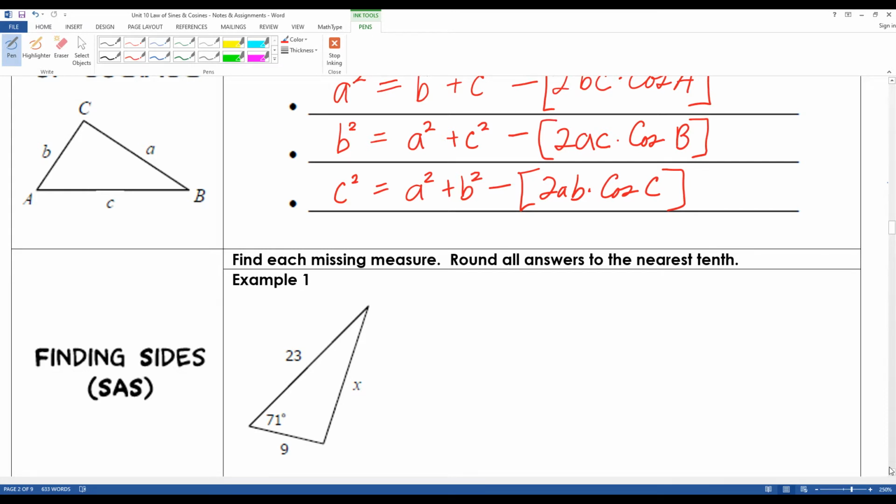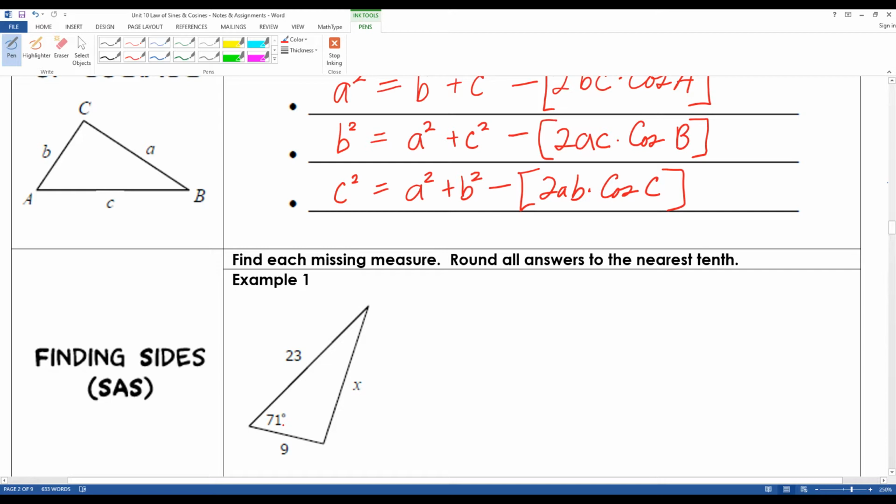So if it says find the missing measure, I'm always first going to look to see if we can use Law of Sines. In this triangle, I only have one angle, so Law of Sines is out because I need another angle, and I can't find another angle. So I'm going to have to use Law of Cosines.